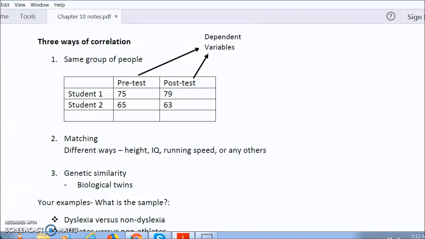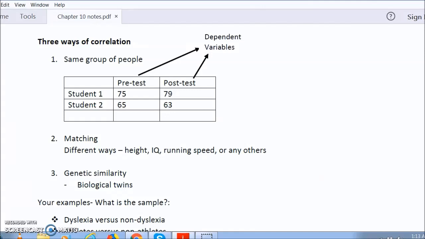If I am giving an algebra test to the students, I give them a pre-test, then I do my instruction, and then I give them a post-test, and I want to see their gains. That means my sample is the same group of people, which means the scores are correlated to each other.